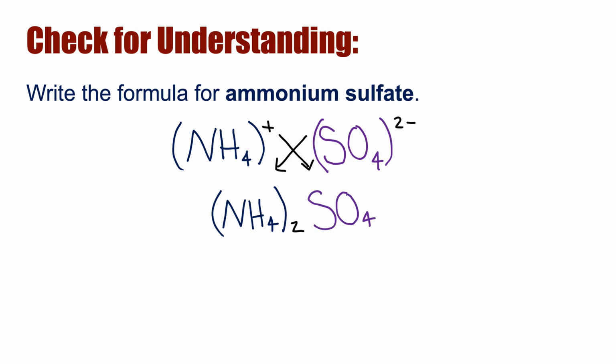Now I need to be really careful when I'm trying to figure out what that formula unit is. Remember, SO4 is acting as a whole entire unit as a single ion. So technically, my ratio would be for every 2 ammoniums that have a charge of +1, I need 1 sulfate that has a charge of -2.